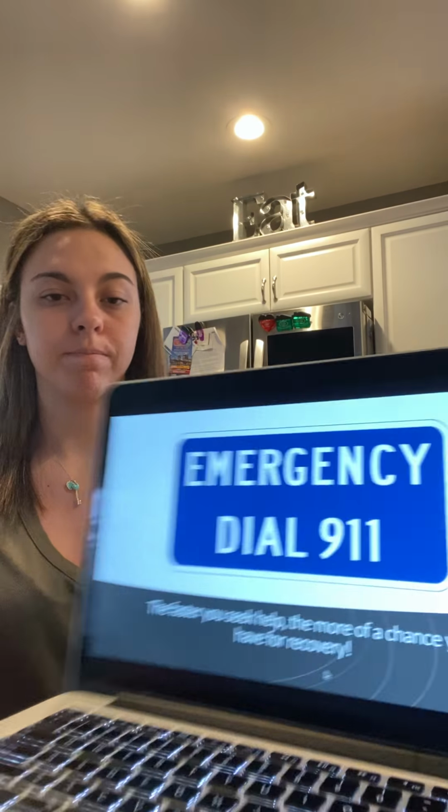Prevention is minimizing risk factors, whether it's controlling your high blood pressure, high cholesterol, diabetes. These are your modifiable risk factors that a patient or person is able to change. And again, call 911 immediately or get to the hospital as soon as possible if you are experiencing or you see somebody experiencing the signs and symptoms of a stroke.